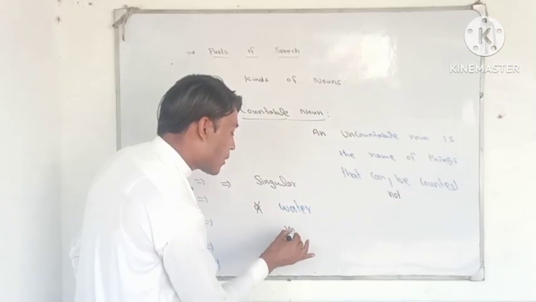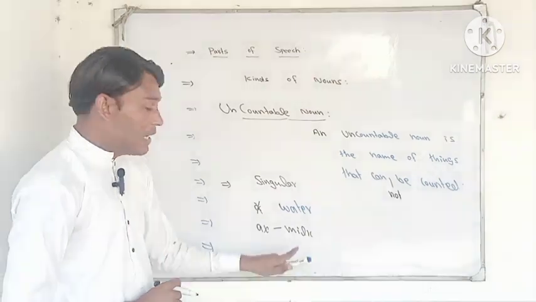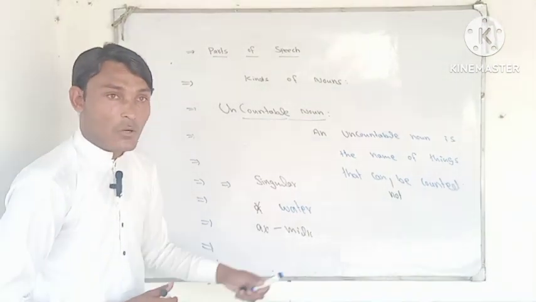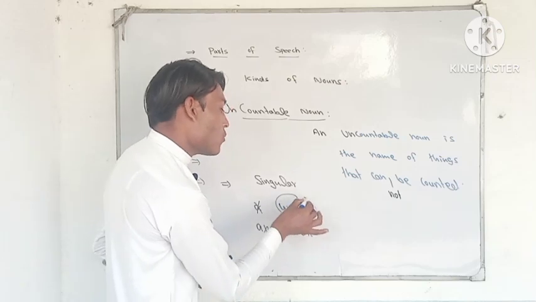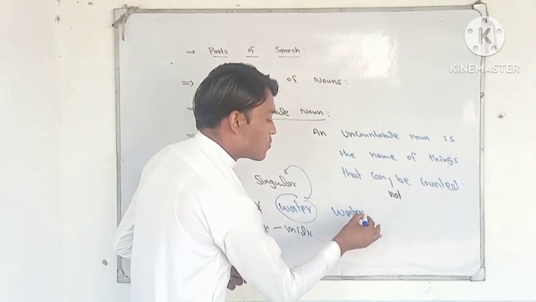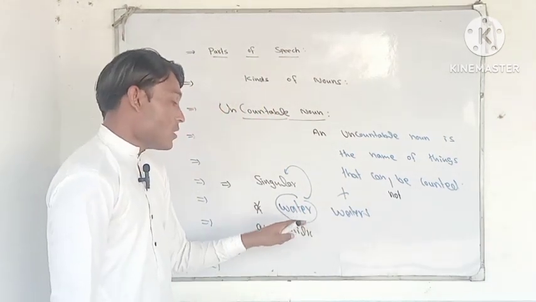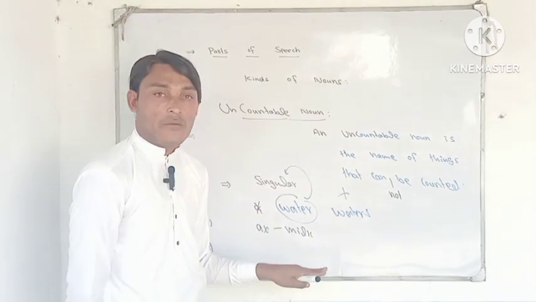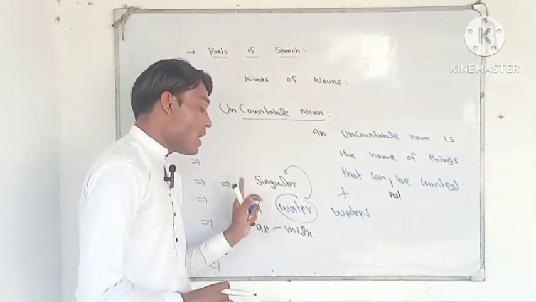Besides this, if I want to talk about milk, I can't write a, because milk is an uncountable noun. And also you can't add s, because water is present in singular form. We cannot write waters. We cannot make the plural of it, because these words are singular nouns. And also we are not allowed to add a or an.